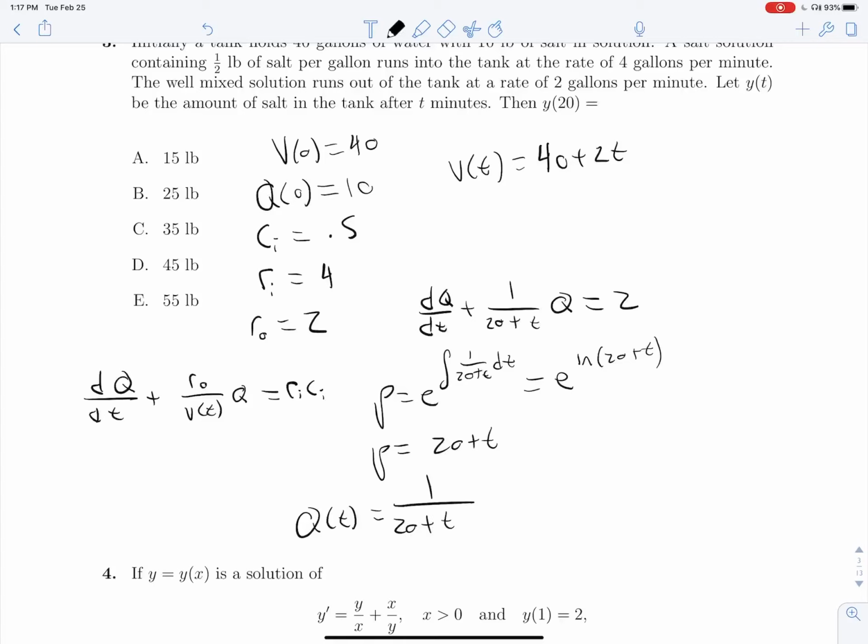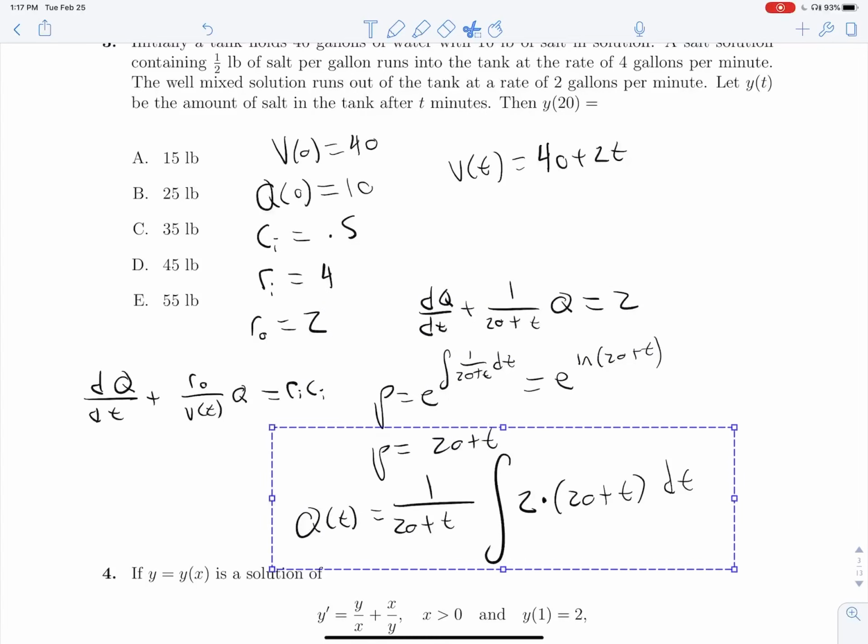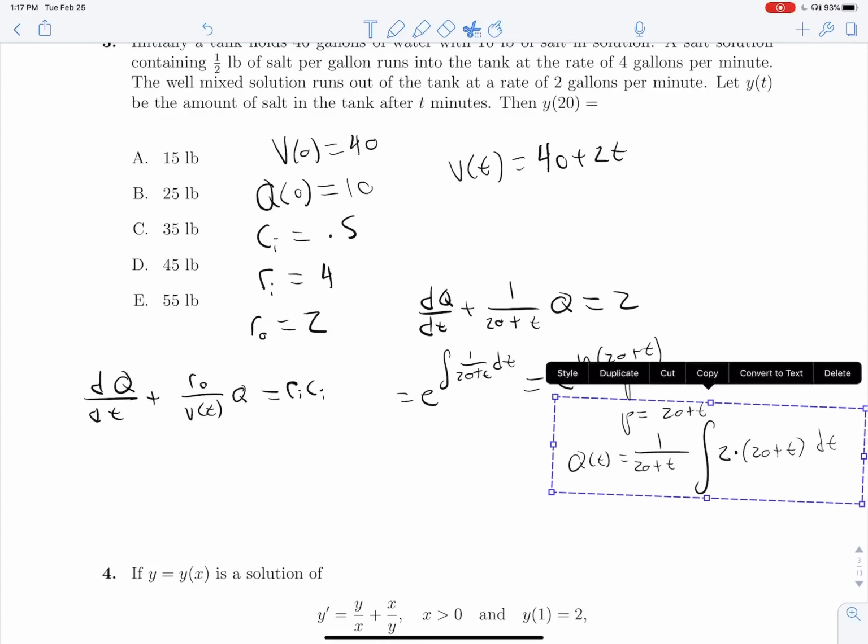And so we can say that q of t is equal to 1 over rho, 1 over 20 plus t, multiplied by the integral of q, which is right here, 2 times rho, 20 plus t dt. Let's see, I'm going to need a little bit more space to solve this. I'll stick this over to the side.